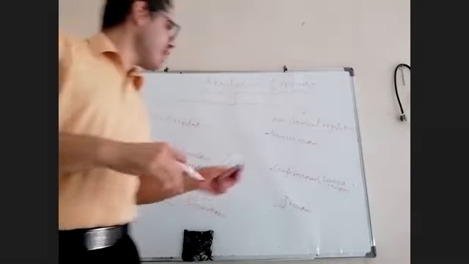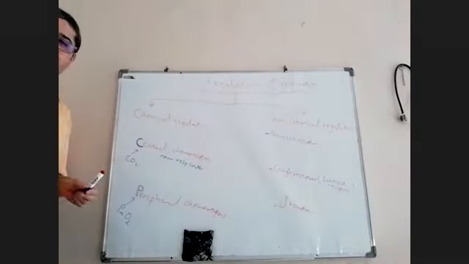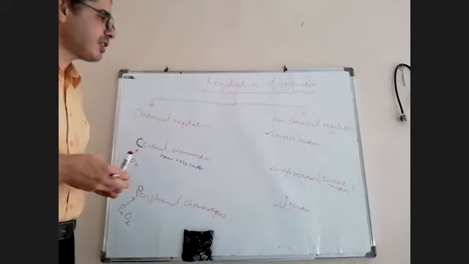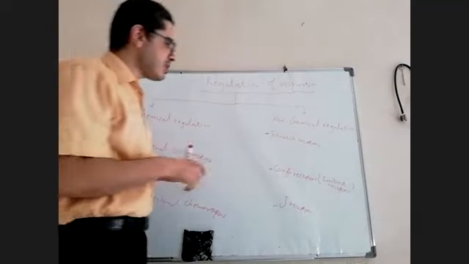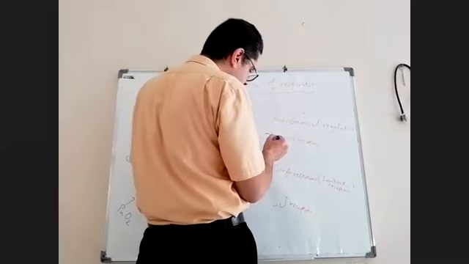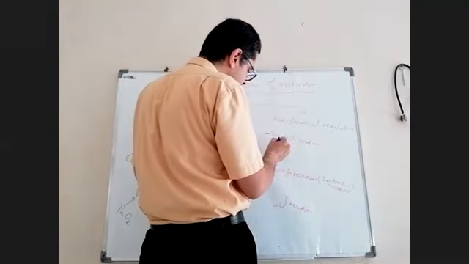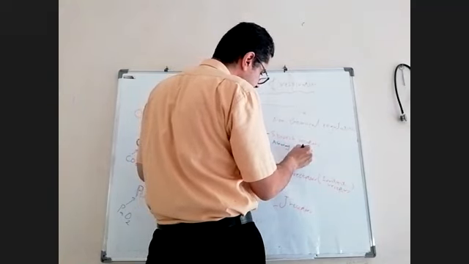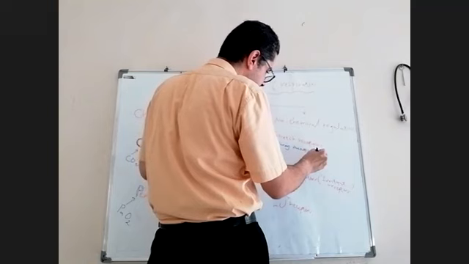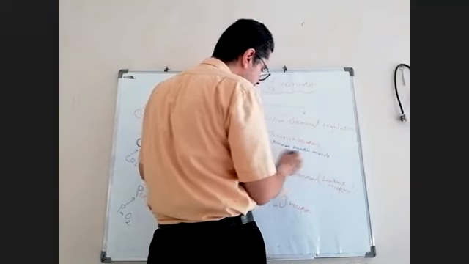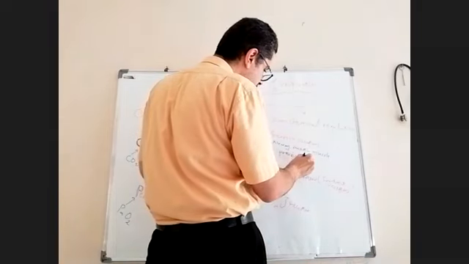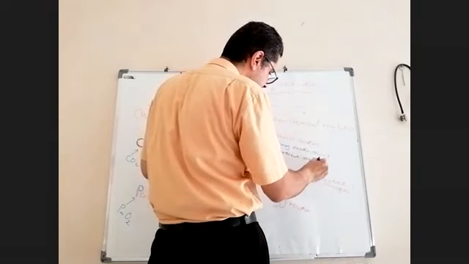Non-chemical regulation, we have stretch receptors to prevent over-distension. These receptors are located on the airway smooth muscles. When we inflate, the receptors will be stimulated and prevent over-distension.